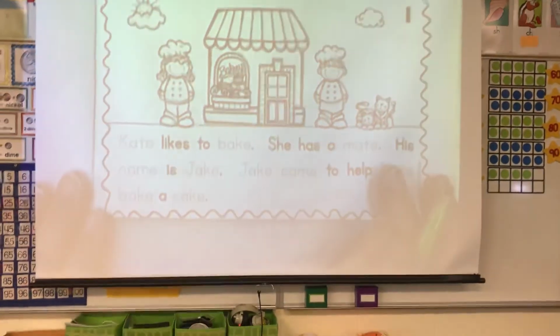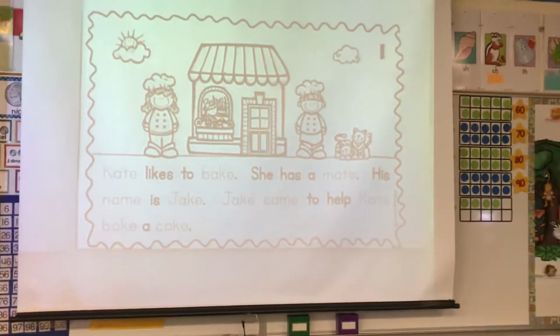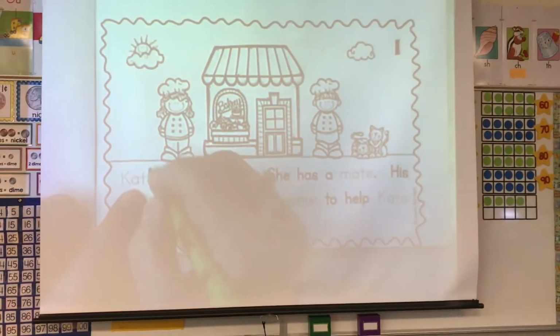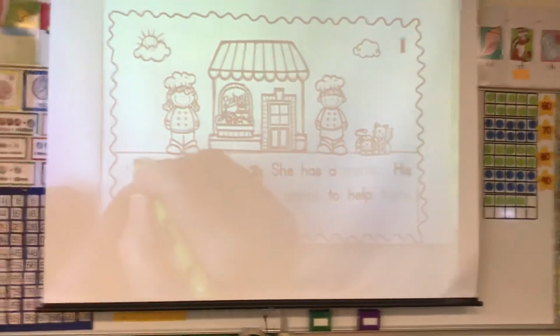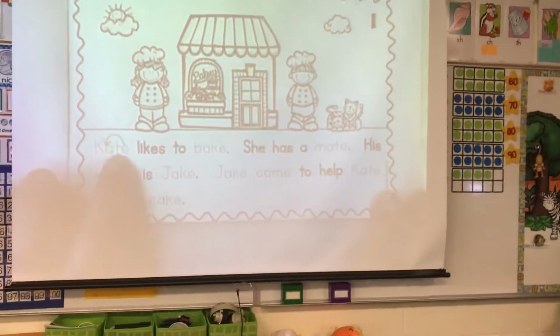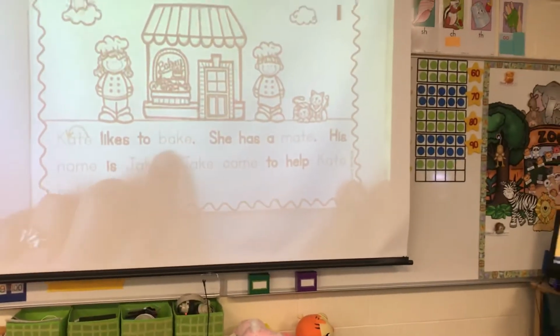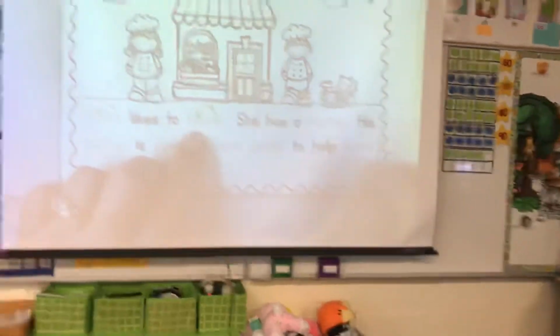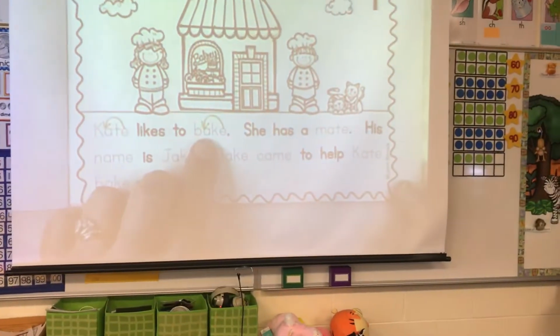All right, the first thing we're going to do is find the long A words. Here's one. Draw a line from the E to the A. Ate. Kate likes to... Here's another one. Draw a line from the E to the A. Bake.